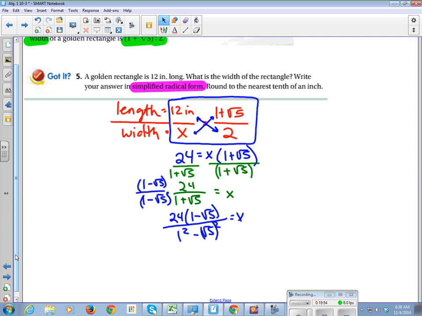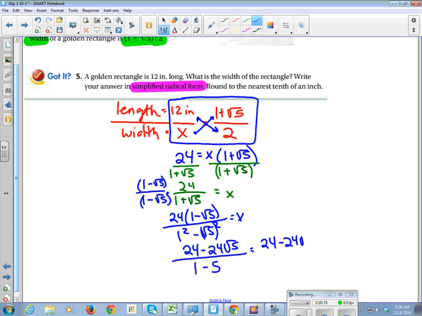Almost done, I promise. So this is 24 minus 24 root 5 divided by 1 squared is 1, minus the square root of 5 squared is 5. So this is 24 minus 24 root 5 over negative 4.